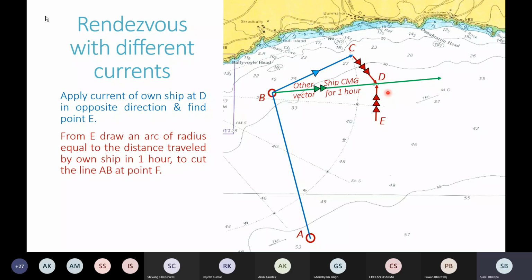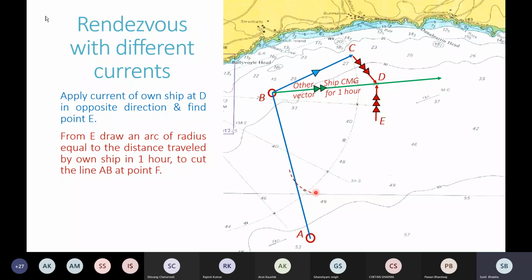Now in the next step, we will draw an arc centered at point E and having a radius equal to the distance traveled by own ship in duration of 1 hour. So I open up my compass equal to my engine distance in 1 hour, center it at E, place it at point E, and I will draw an arc.